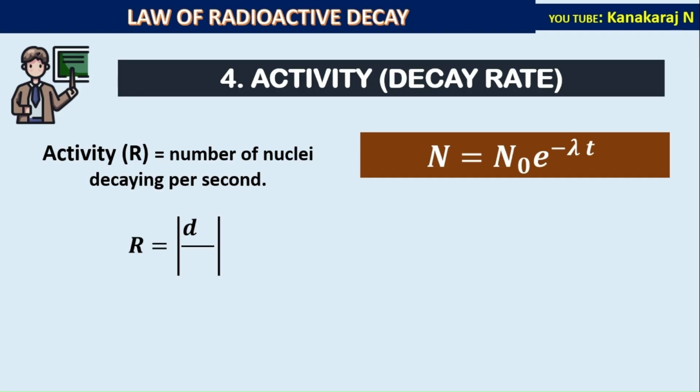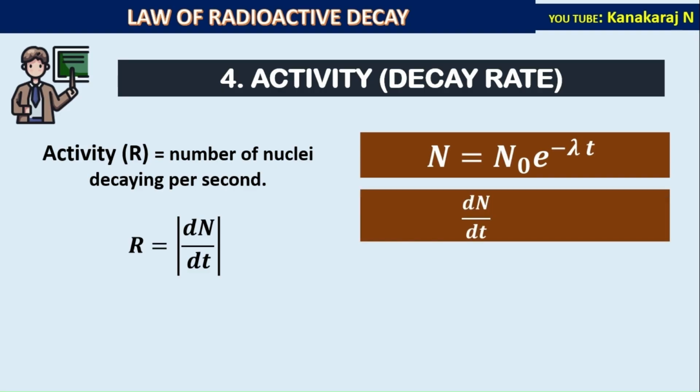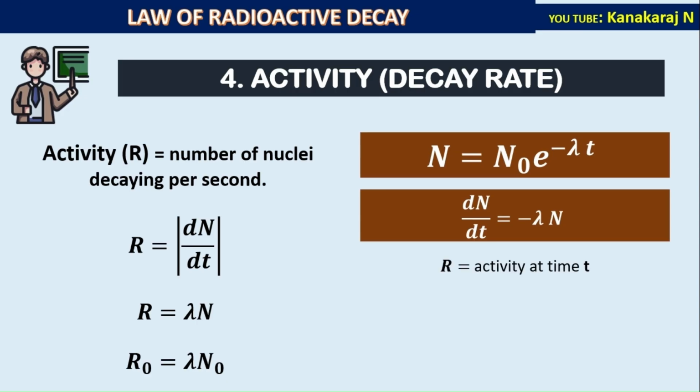R is a positive number, the modulus of dN upon dt. We remember the law of radioactive decay, dN upon dt equals minus lambda N. So R is simply lambda N. Here R0 is the initial activity, which is lambda N0. R is the activity at time t and R0 is the initial activity.